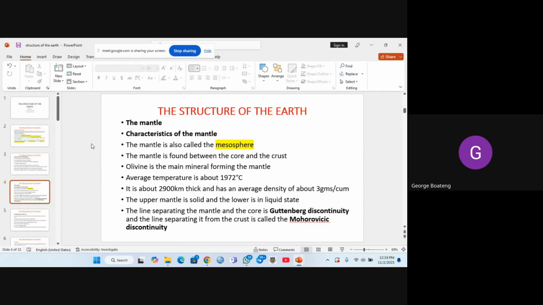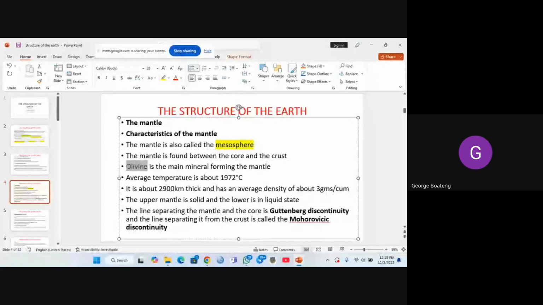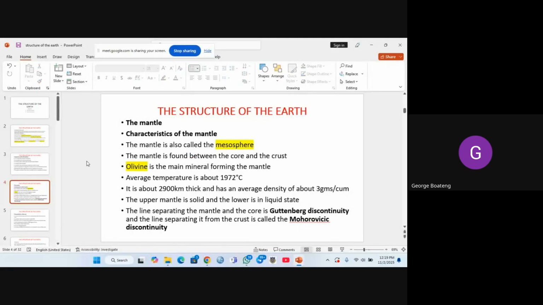And we say that the main mineral found there is called the olivine, but not Oliver and not Olivia. So the main mineral found there is known as the olivine, and it has an average temperature of over 1900 degrees Celsius.